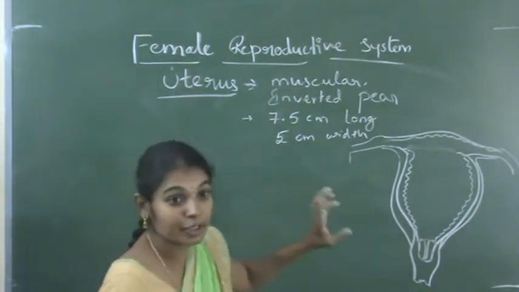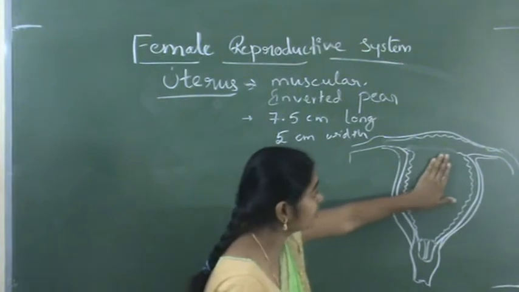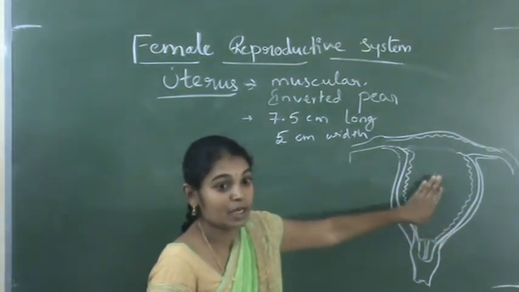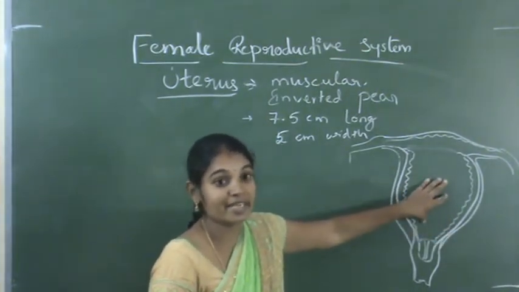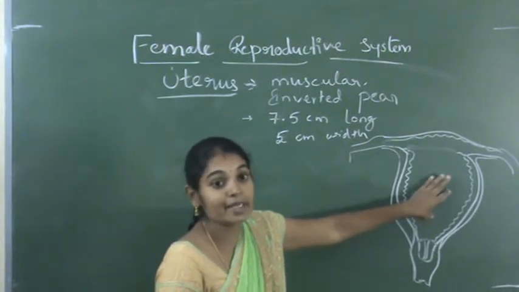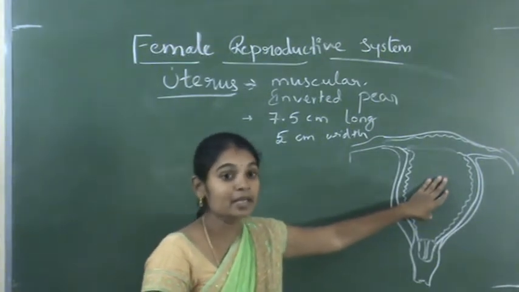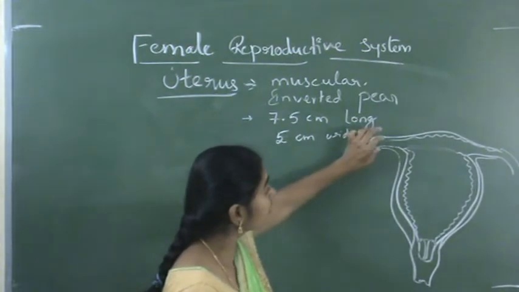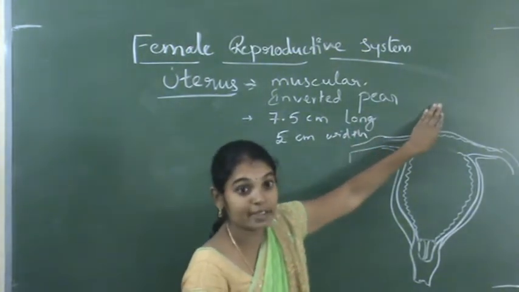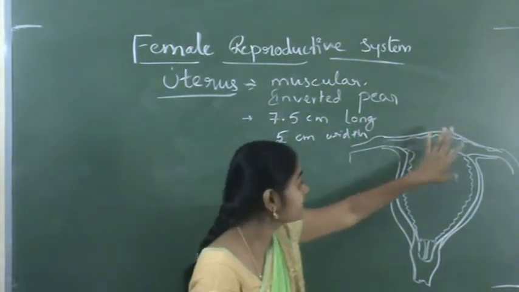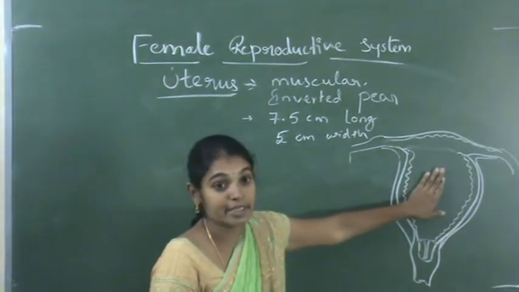This is the uterine cavity, which is meant for anchorage and nourishing of the developing fetus. I told you that at the 8 to 32 celled stage the fetus enters the uterus.